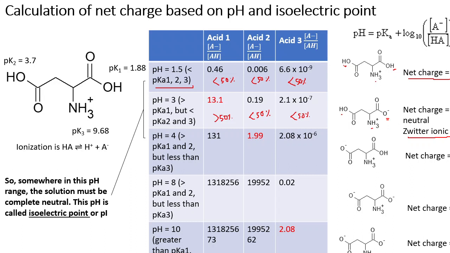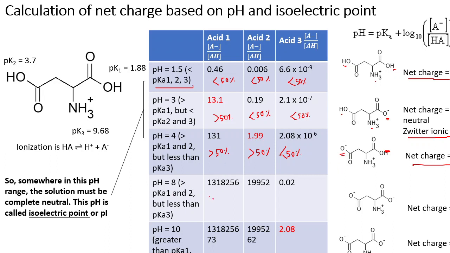So each amino acid at some stage has a zwitterionic form. At pH 4, this is over 50% for this one and over 50% for this one, but not so much for this one. So this has now negatively charged. This should also be negatively charged, but this is still +1. So overall, it's a net charge of -1.